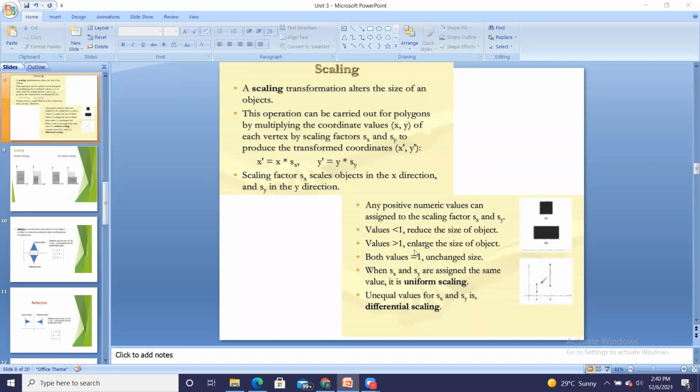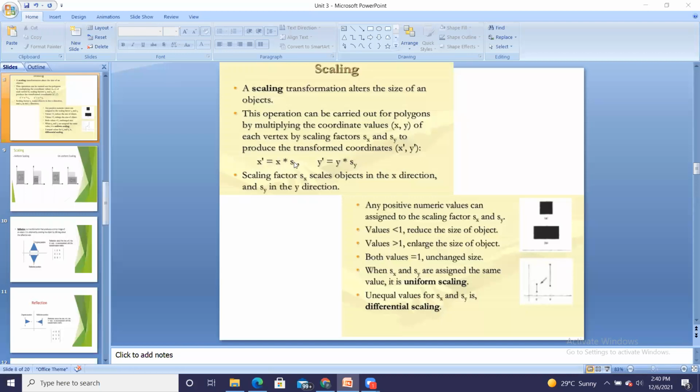Then we have seen that any positive numeric value can be assigned to the scaling factors sx and sy. If the value is less than 1, what will happen if sx or sy is less than 1? Consider half, 0.5.